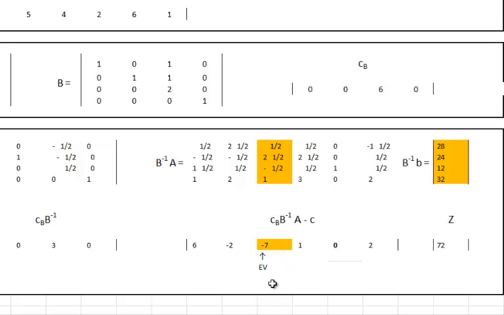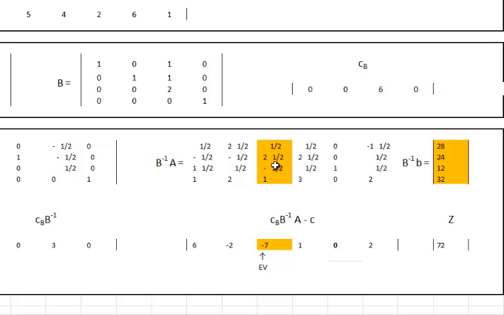We will select the most negative value as the entering variable, and its associated column in B inverse A will be the pivot column. The right hand side has been calculated, so I'm going to calculate the min ratio.